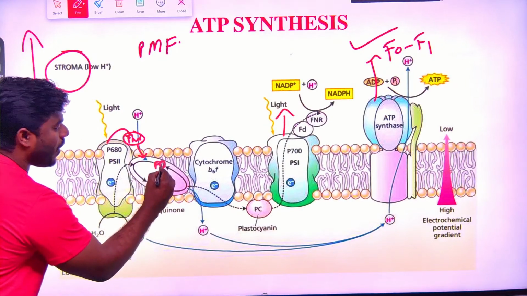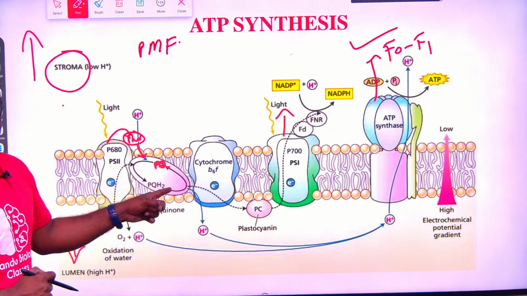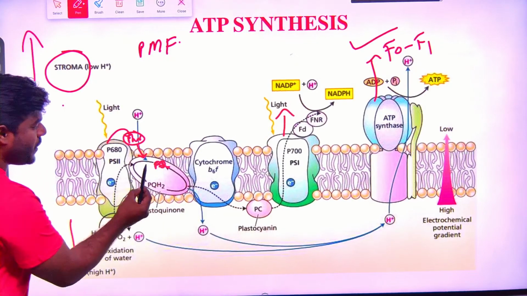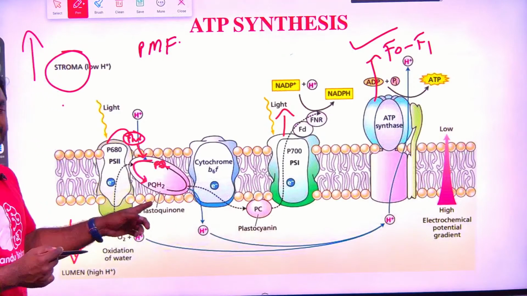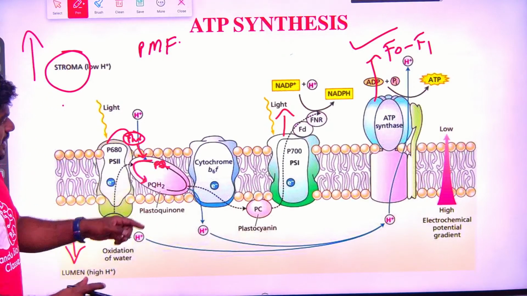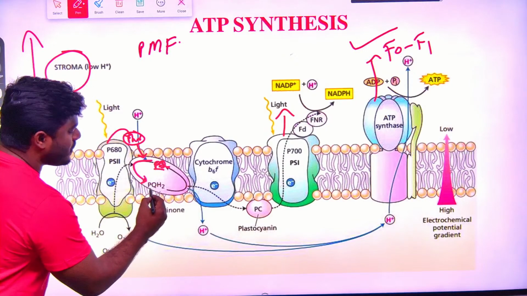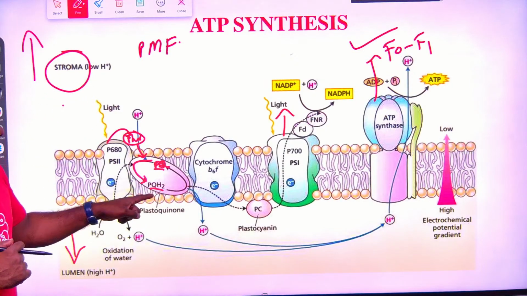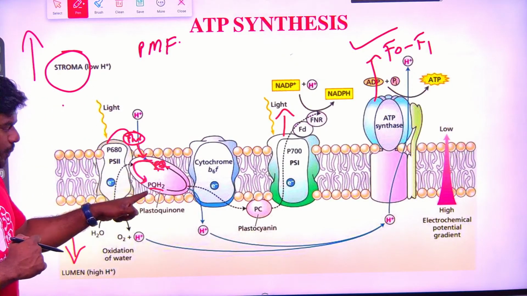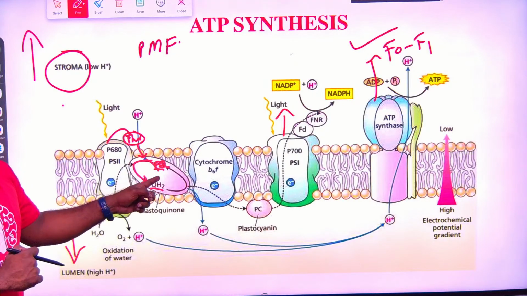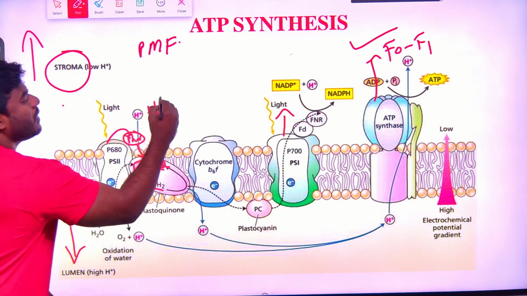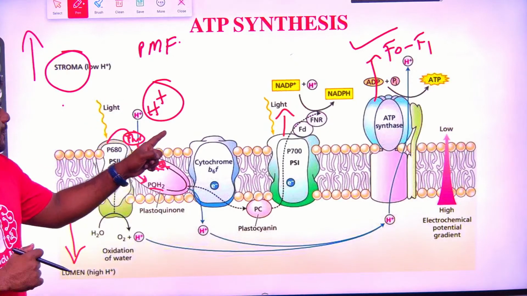Now understand very clearly. Plastoquinone, upon accepting the electron, is readily reduced to PQH2. But if it is to be reduced to PQH2 along with the electron, it compulsorily requires the proton also. Now where is the proton coming from?